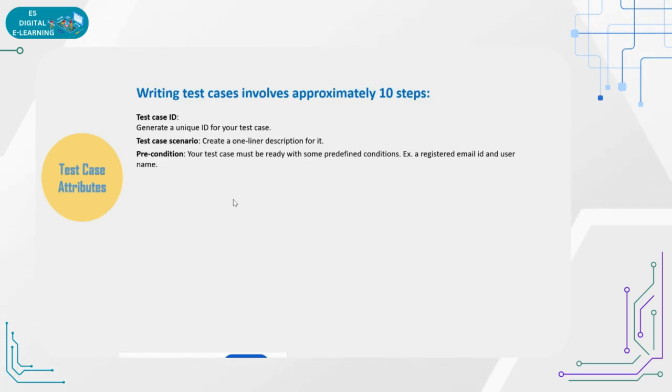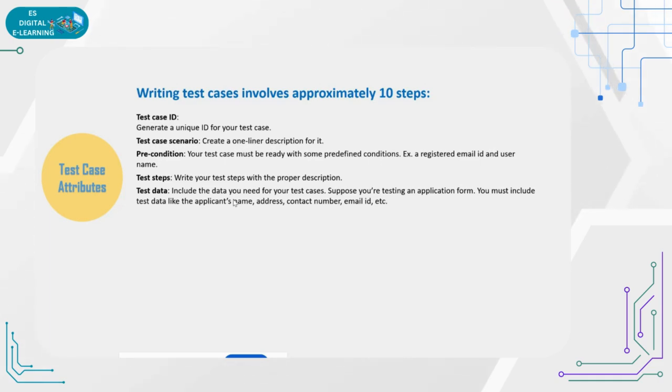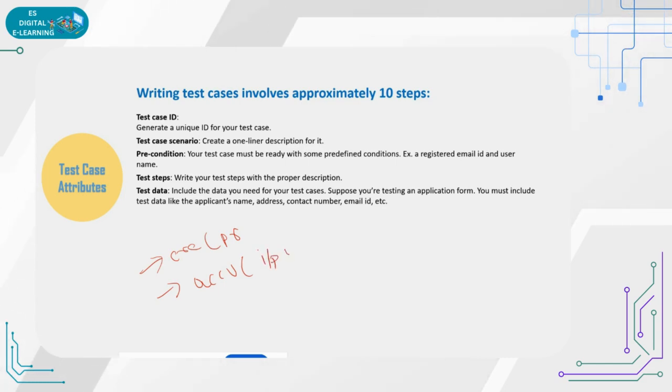Okay. Next is test steps. You need to follow the steps to execute the condition. And test data is whatever input you are giving. As I told you, for Gmail you need to create the account, that is a precondition. And if you already have the account, then your input is required, like username or password.